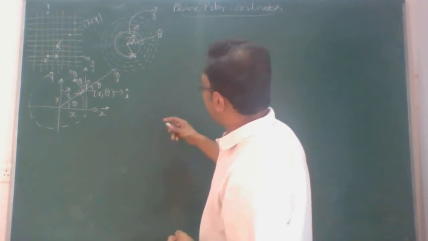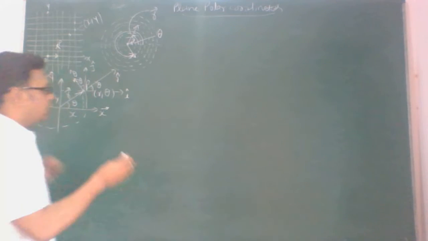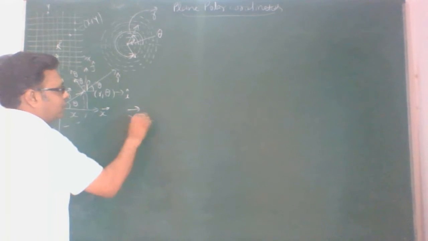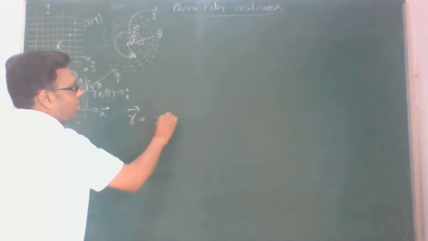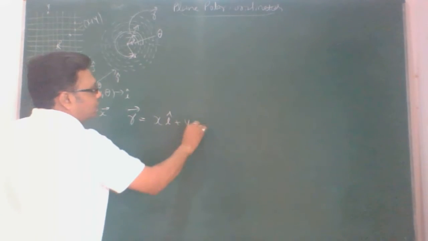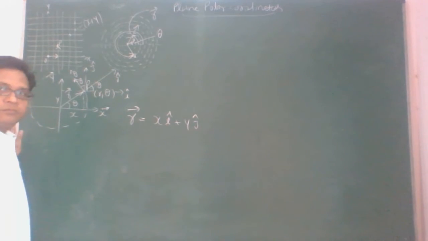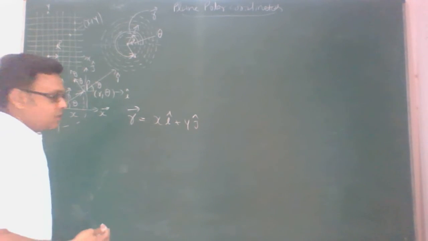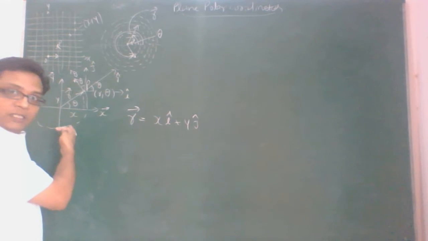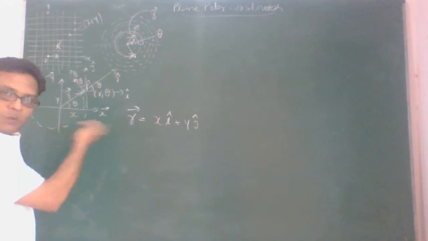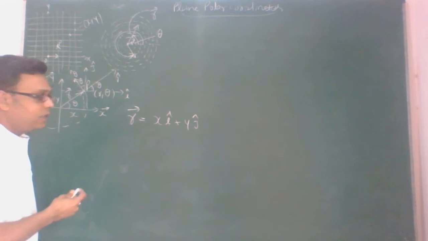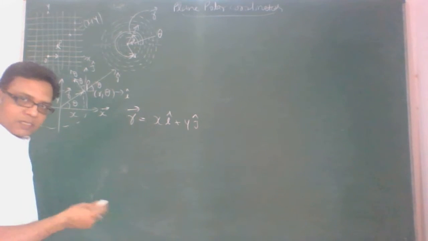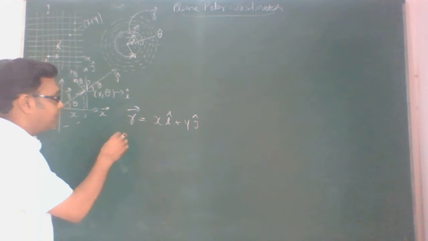So how do I write this r in the x and y system? It's very easy. Vector r is nothing but x i cap plus y j cap. Fine. So x and y are nothing but the intercepts of this vector r over the respective axes of x and y. So do I know intercepts? The answer is again yes. We know intercepts very well.